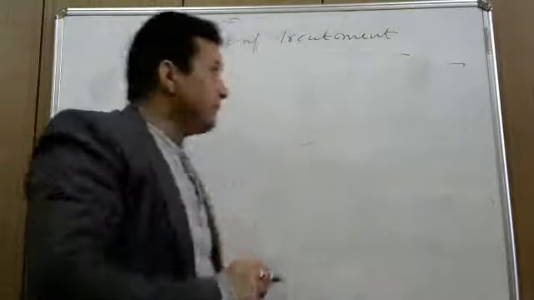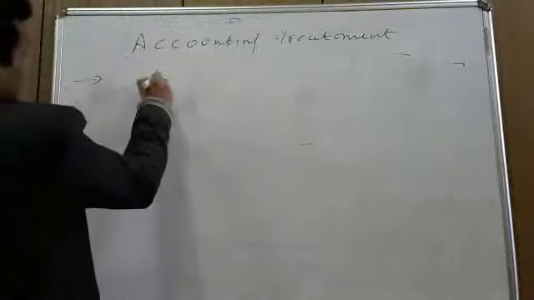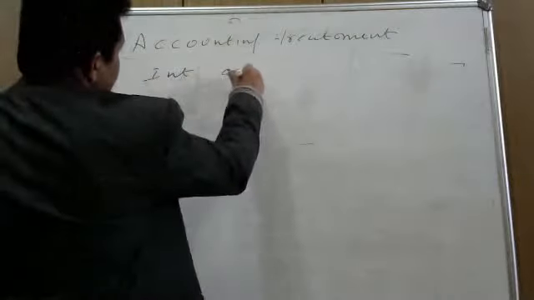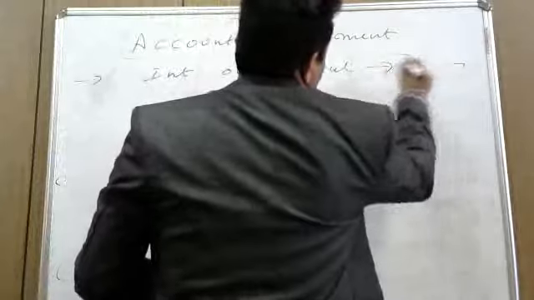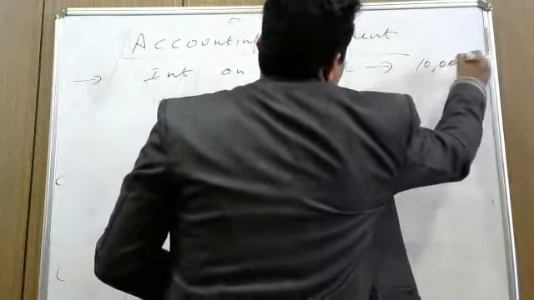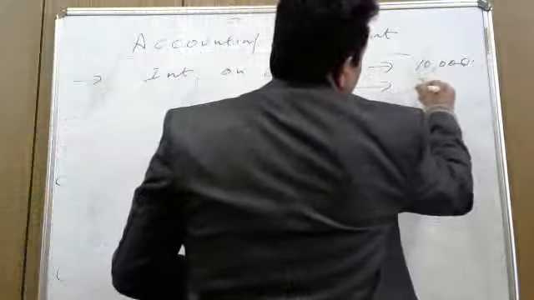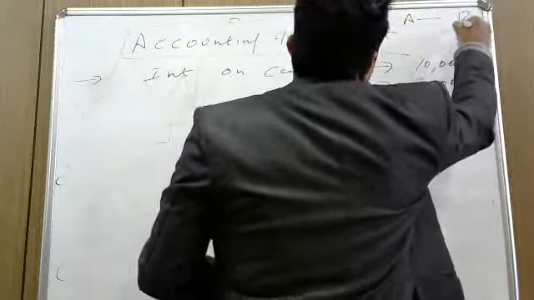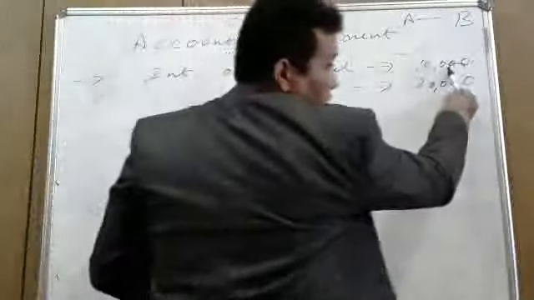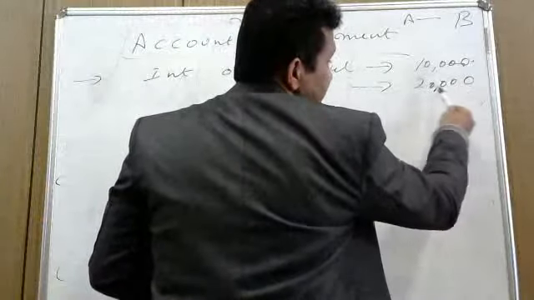Now, for example, suppose a partner is allowed interest on capital, say the amount 10,000, and B is getting 20,000. Suppose there are two partners, A and B. A is getting interest on his capital 10,000 and B is getting 20,000.